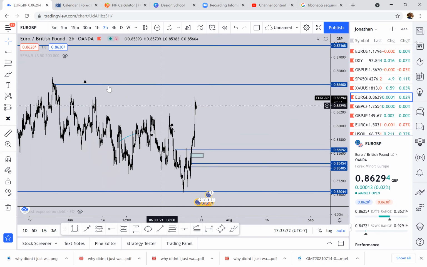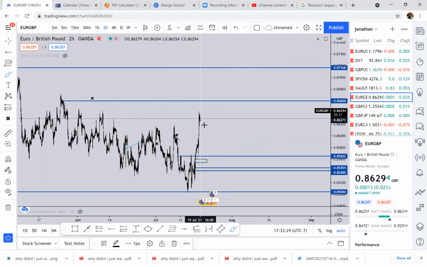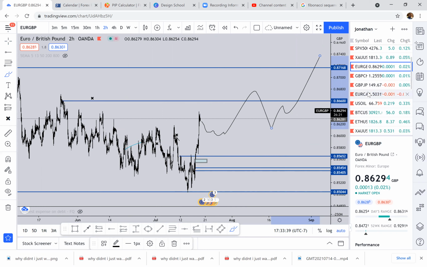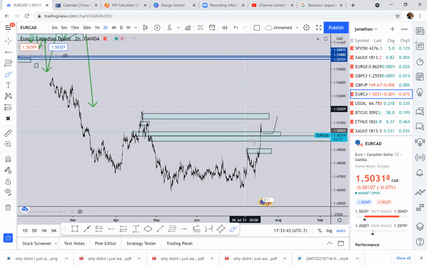So if it decides to, that definitely correlates with what I'm looking for. I'm looking for this high to be taken and this high to be taken. So EG does somewhat similar, comes back up. I don't know if it's going to do this, but my point is that seeing this definitely helps me understand the EuroCAD could possibly do the same type of aspect where they can come up here.